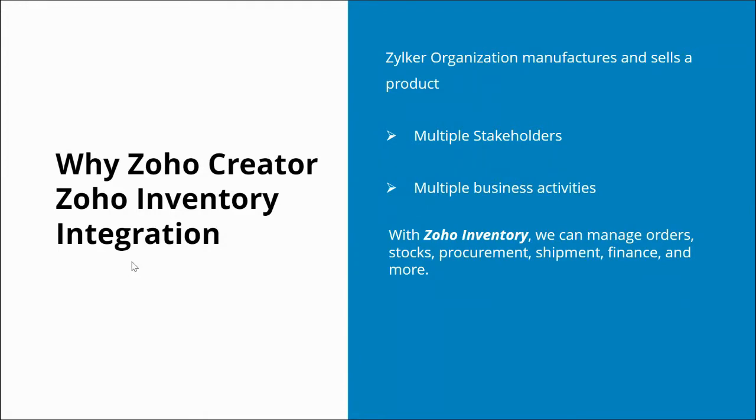So what are the processes that can be handled within Zoho Inventory, and what are the processes that can be handled within Zoho Creator? With Zoho Inventory, we can manage the orders, we can procure raw materials or any sort of items, and we can stock those items. We can raise sales orders for those items, and we can do shipment, and we can add the financial transactions and keep track of them and more.